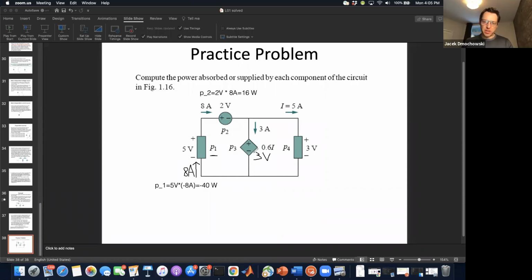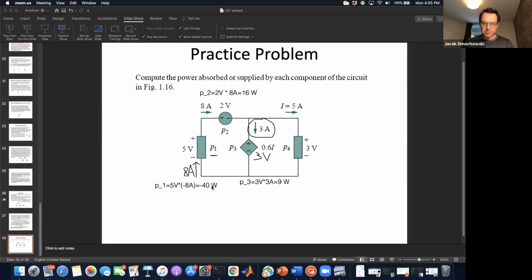The voltage across this battery is 3 because 0.6 times 5. And the current flowing into it is oriented into the positive end. So the power, P3, is equal to 3 volts times 3 amps, which is 9 watts.